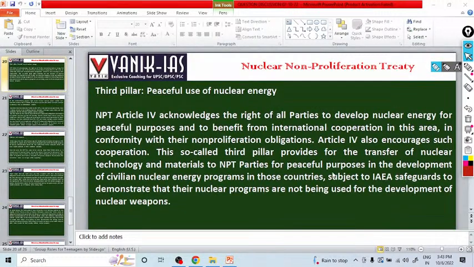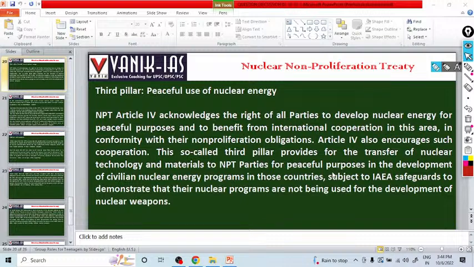Third pillar, peaceful use of nuclear energy. NPT Article 4 acknowledges the right of all parties to develop nuclear energy for peaceful purposes and to benefit from international cooperation in this area. In conformity with their non-proliferation obligations, Article 4 also encourages such cooperation.